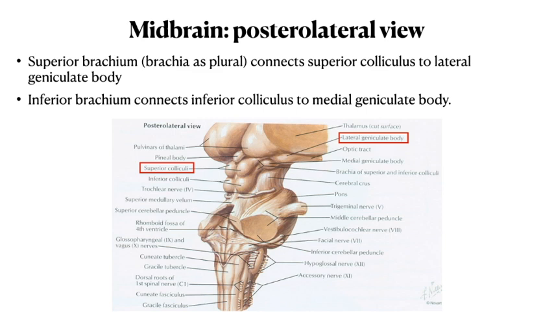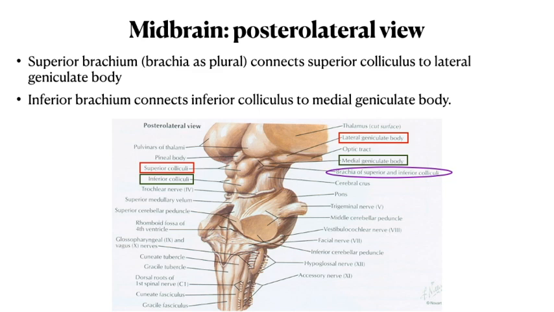Now, while the superior brachium connects superior colliculus to lateral geniculate body, inferior brachium connects inferior colliculus to medial geniculate body. So here is the superior and inferior brachium.